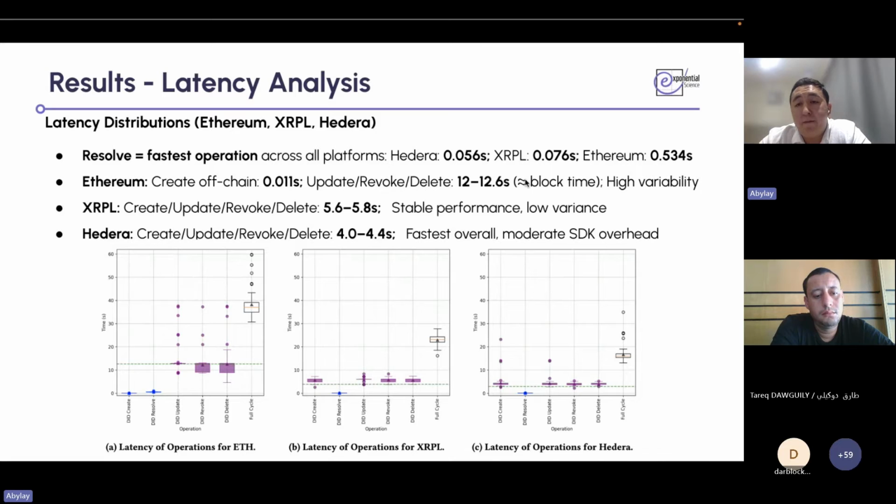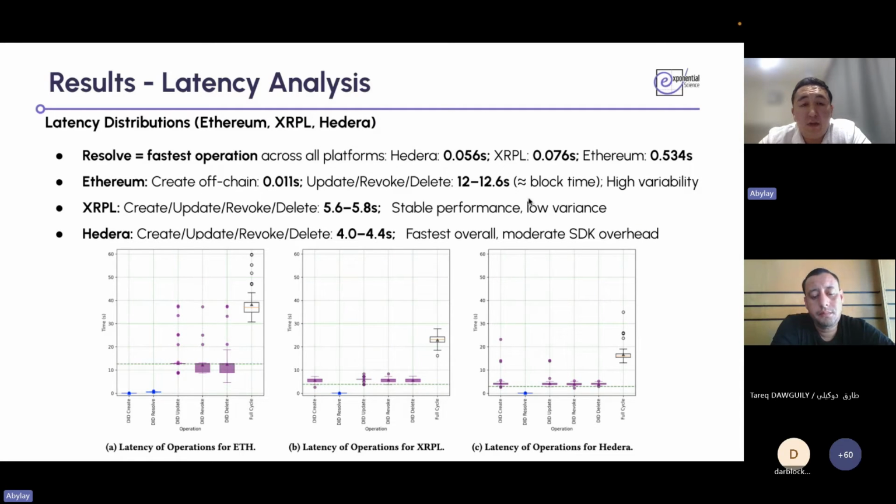which is aligned with the block time in Ethereum. So in absolute terms it's the slowest, but it's very aligned with its block time, with less overhead from SDKs and so on.